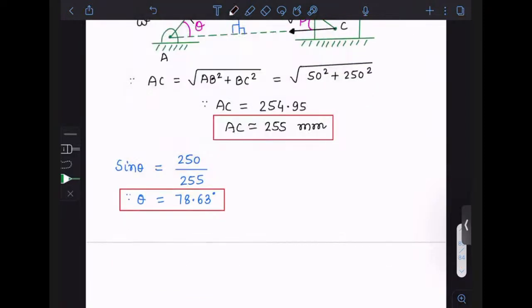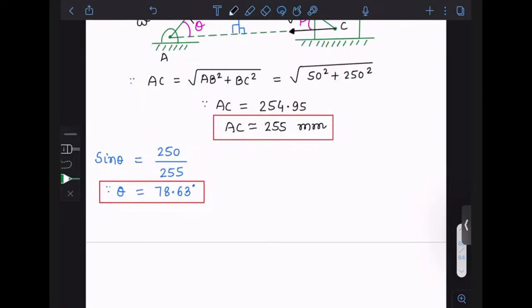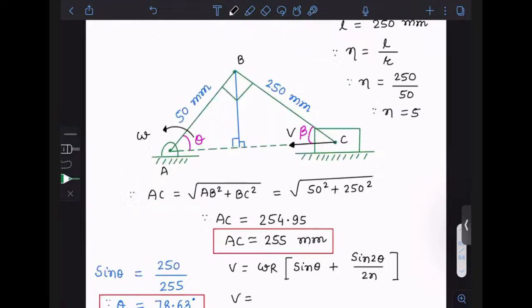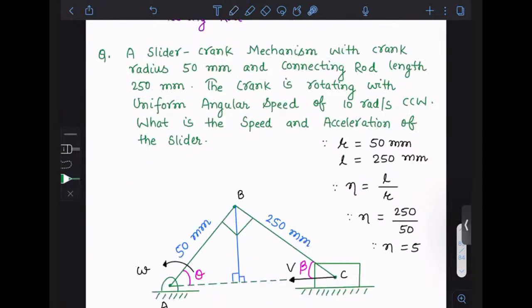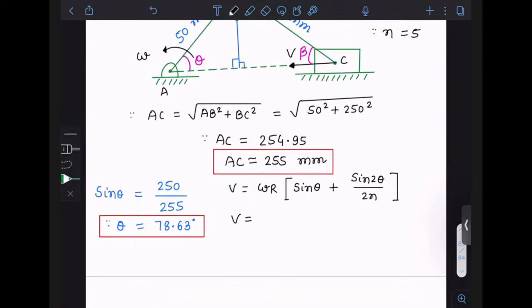So it will become quite easy for us to find out. V is equal to omega r times sine theta plus sine 2 theta divided by 2n. That is quite simple. How can we find out omega? Omega is given to us, that is 10 radian per second.